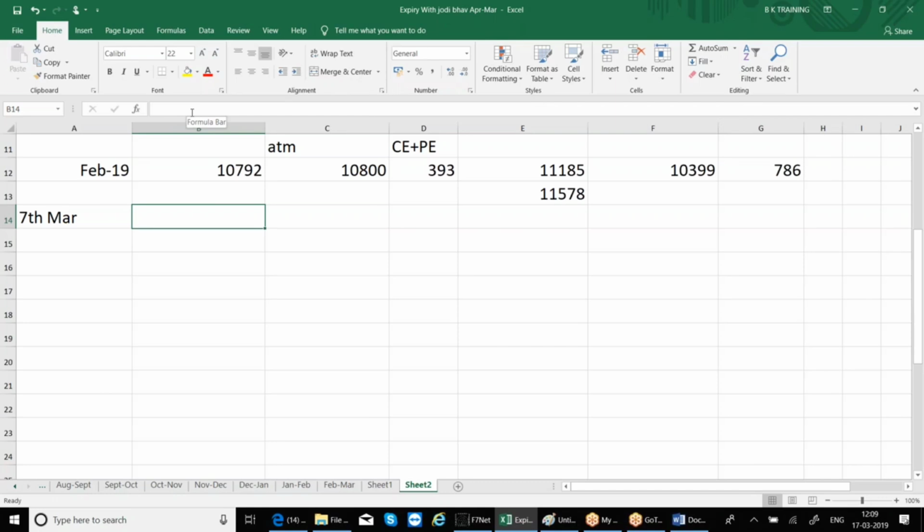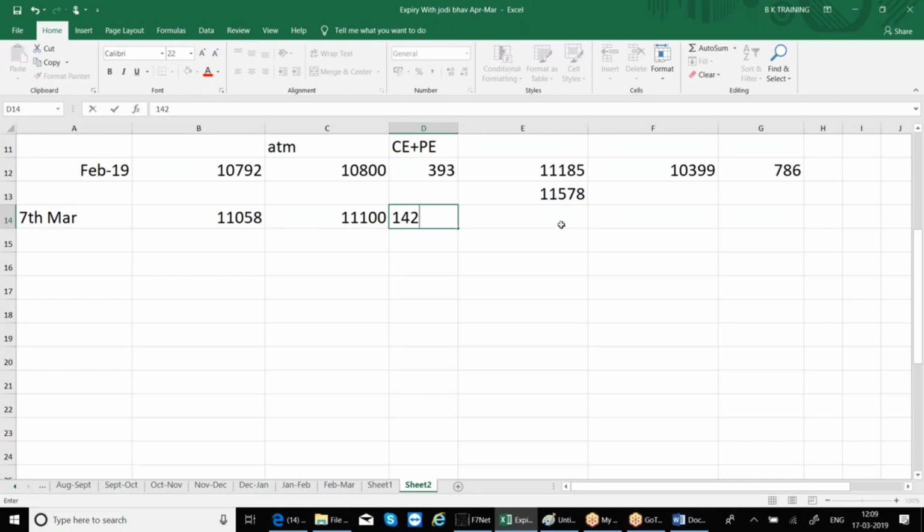Any idea? 11,000? Very good. Chalo. And what was the ATM was 11,100 और इसका जोड़ी भाव was 142. At the end of the day, next week का जोड़ी भाव was 142.